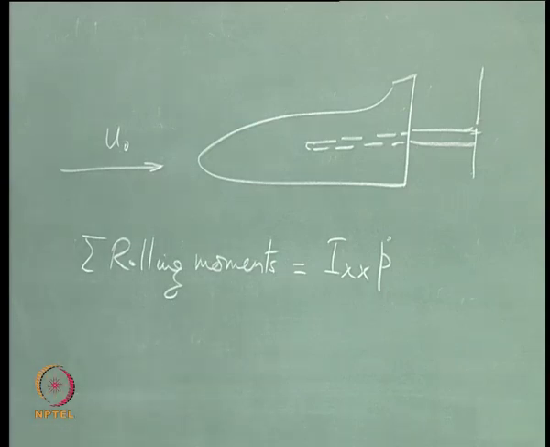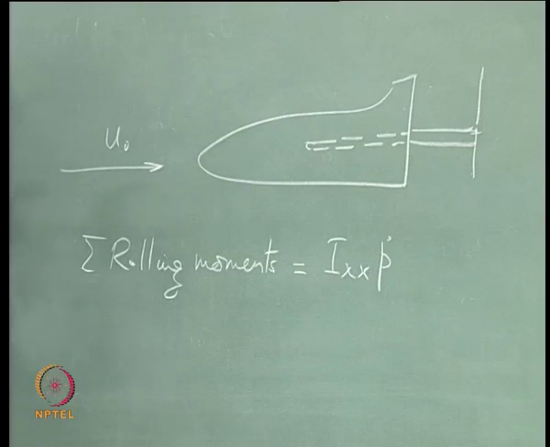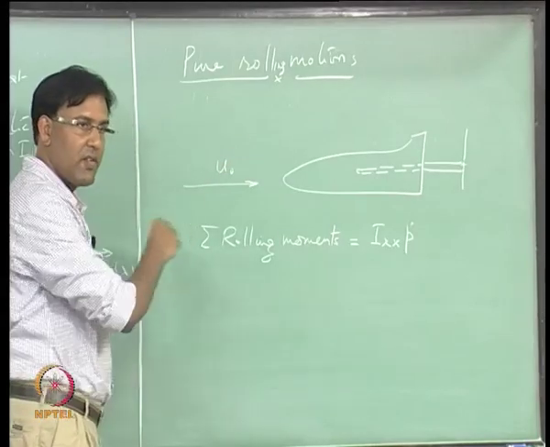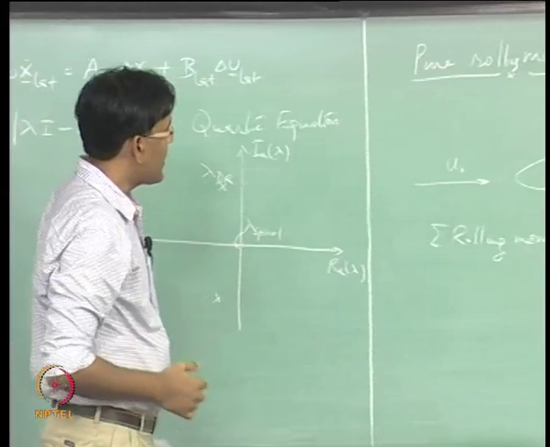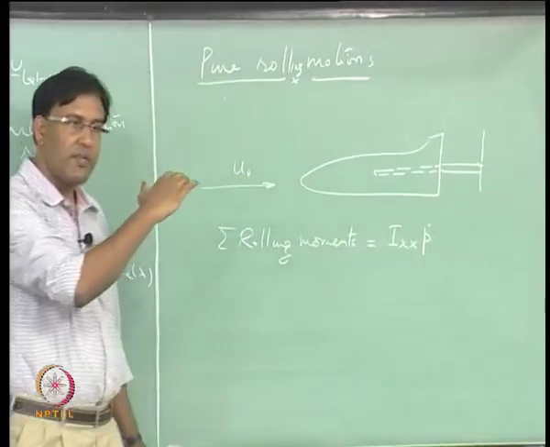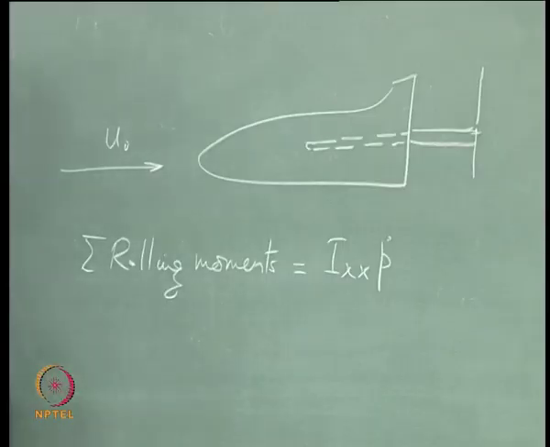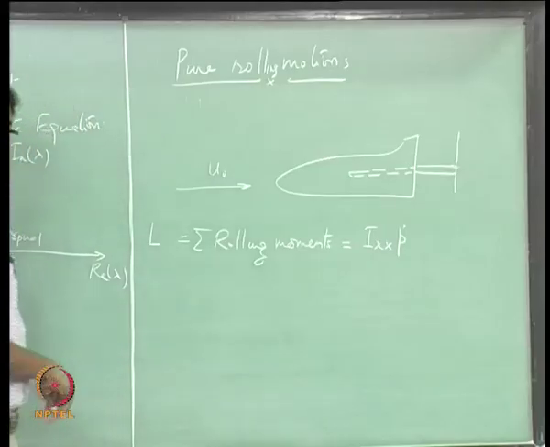We want to linearize this equation and we want to study the linear or the perturbed motion about an equilibrium state, which is this. There is only u naught along the x axis of the aircraft in the wind tunnel, and this aircraft is perfectly aligned with the fixed frame of reference to start with. That is the assumption that we are going to make, right. This is nothing but the rolling moment L.